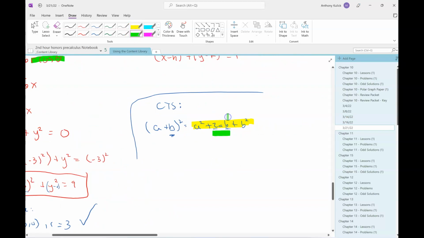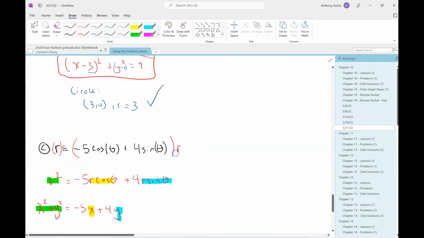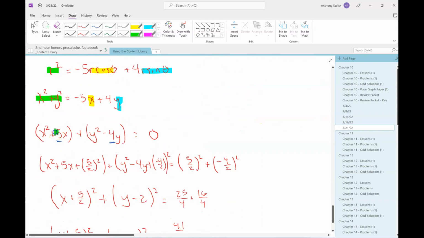So when I FOIL out the perfect square, I get 2 times a times b as the middle term. So if my middle term, in this case, has to be 5x, so I know the a term is x, right? Because the x squared has to be a squared. So 5 is 2 times b.